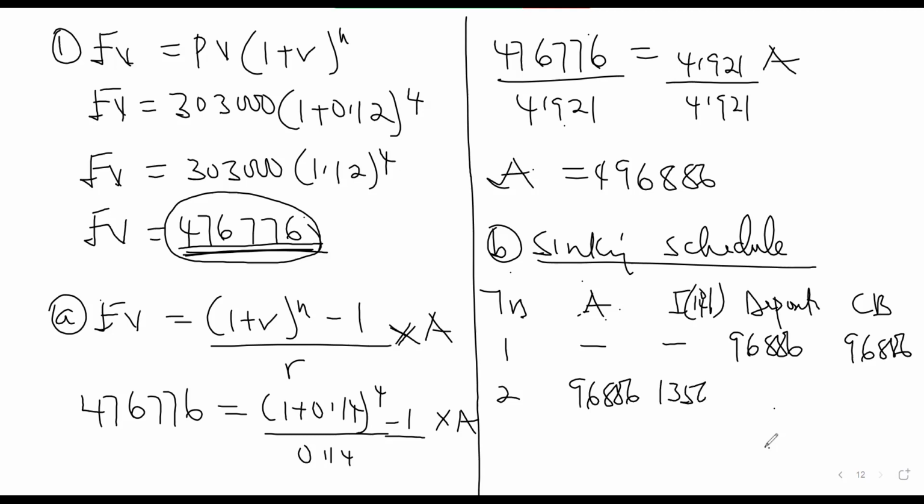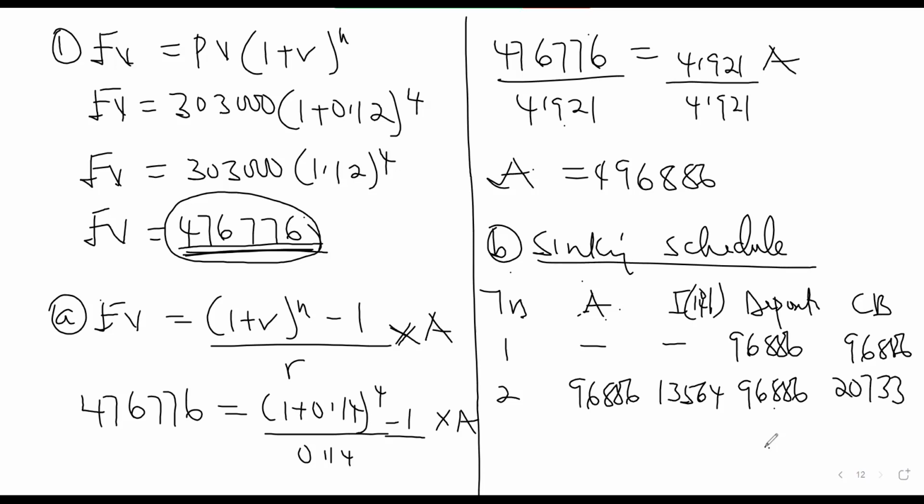Would there be any deposit at the end of the year? There will be a deposit of 96,886. For the deposit, it will still be the same amount for the 4 years. What will be the total amount in the account now? 207,336.